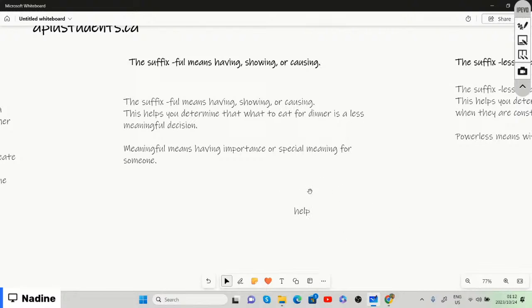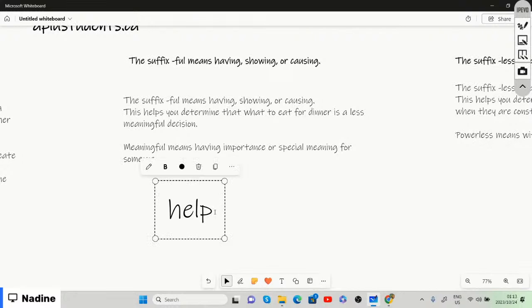Help is our base word, and it can stand on its own. If we add FUL to the word help, then our word becomes helpful.